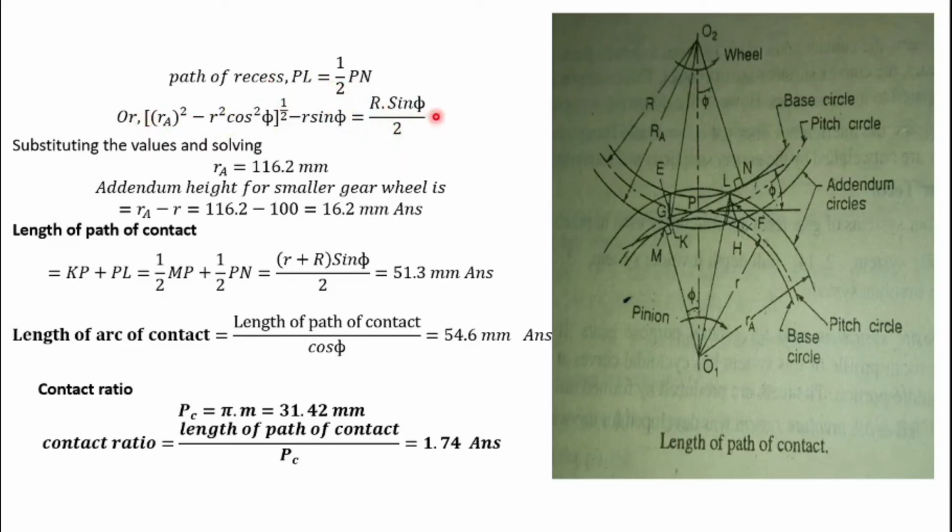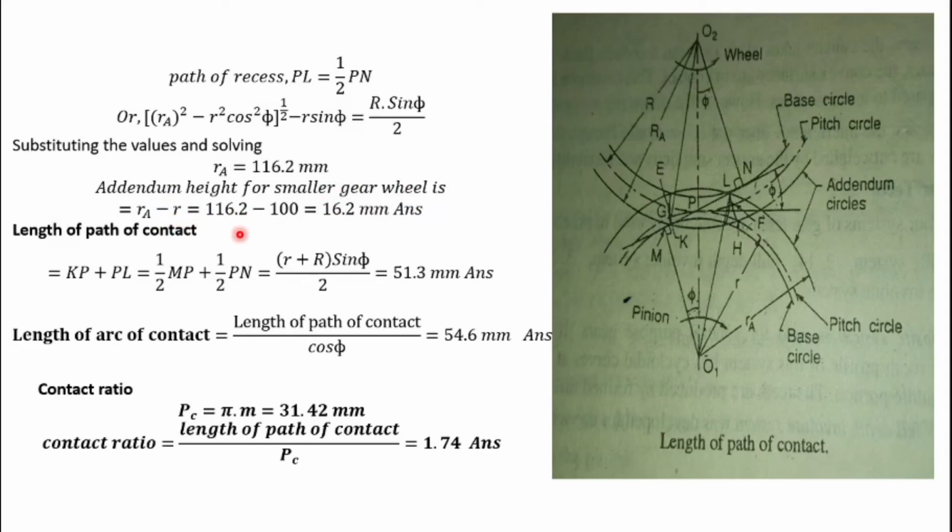Solving this equation, we can get the value of small ra. Now the addendum height of the smaller gear will be the addendum circle radius of the smaller gear minus the radius of the pitch circle of the smaller gear, which gives the addendum height of the smaller gear.